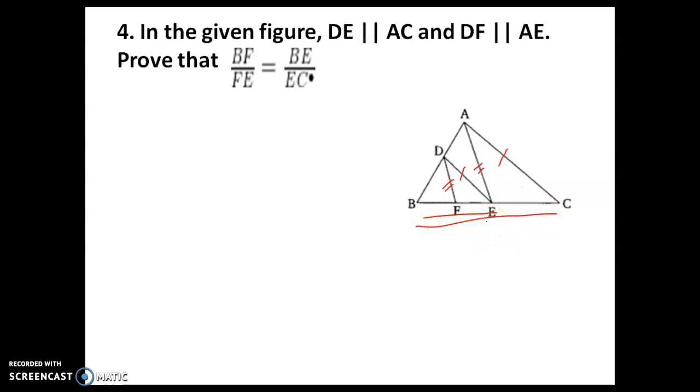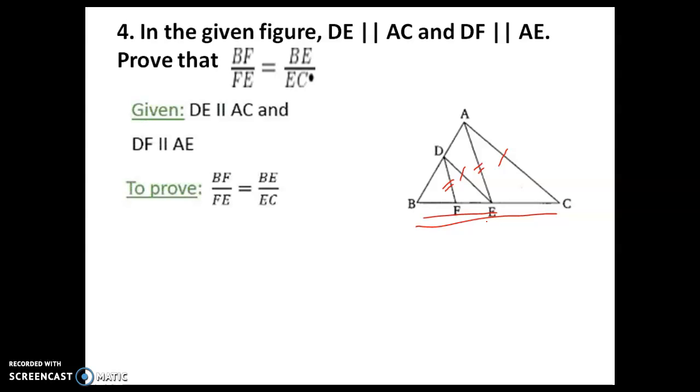Okay, let's solve now. So we should write given, then to prove, then proof. Let's start. We are taking the whole triangle ABC. In that, DE is parallel to AC. It is already given in the question.